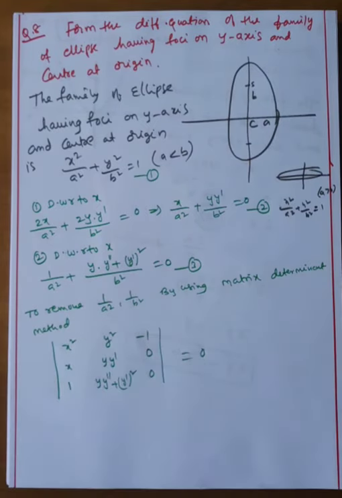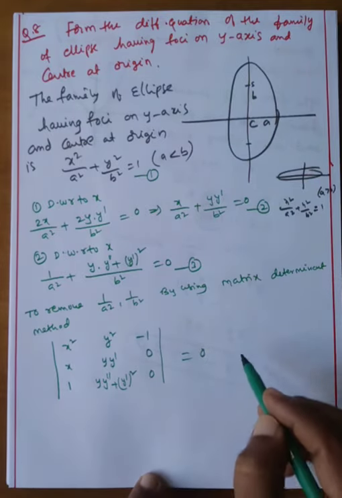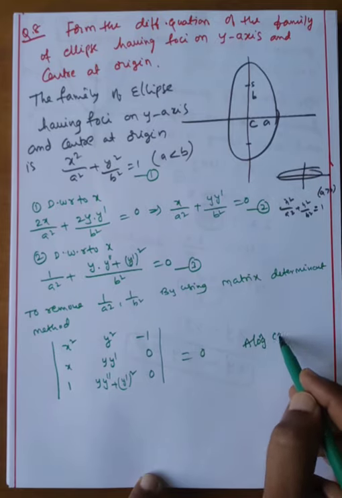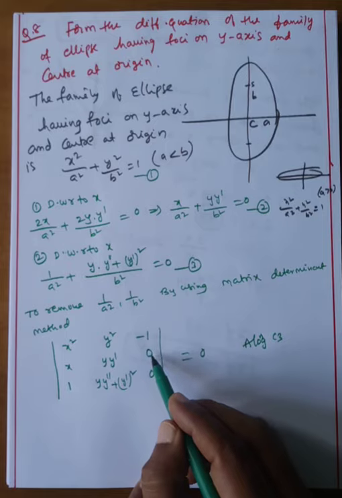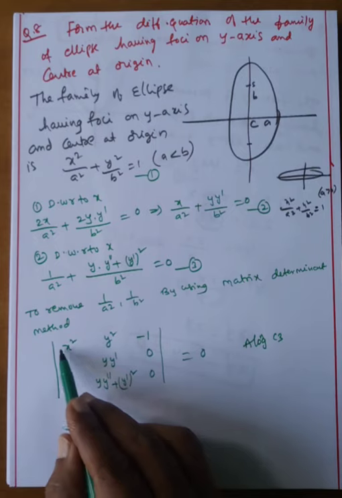Now we will expand the determinant along any row or any column. I will expand the determinant along C3. What happened here? Minus 1 into, okay, after that 0 and something 0, 0 and something 0. Minus 1 into this row cancels.